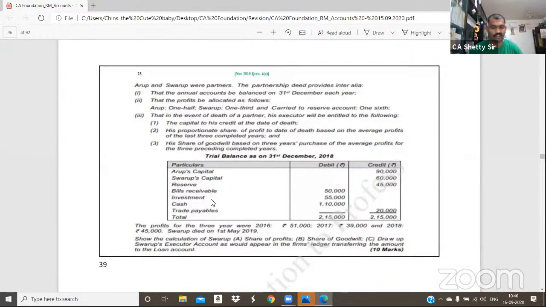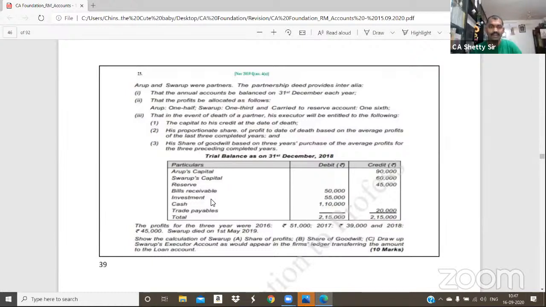Next point. This is not relevant, just for your understanding. Partnership comes to an end unless another partner is immediately admitted.